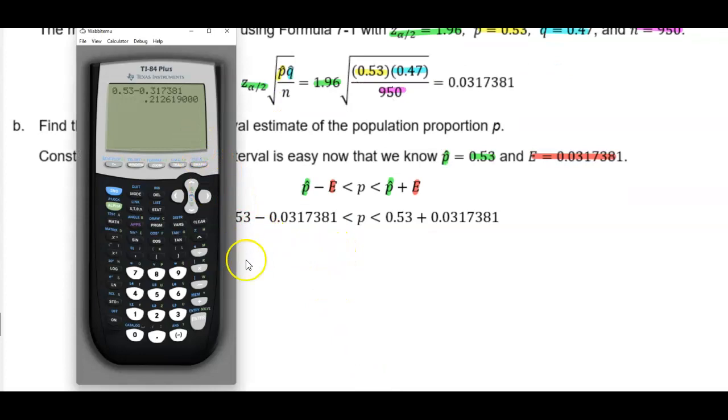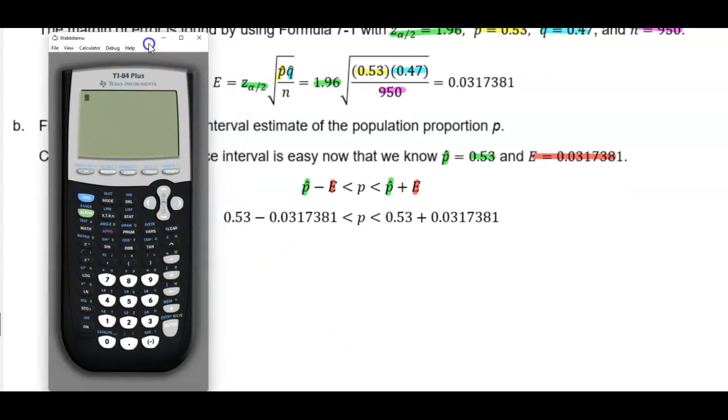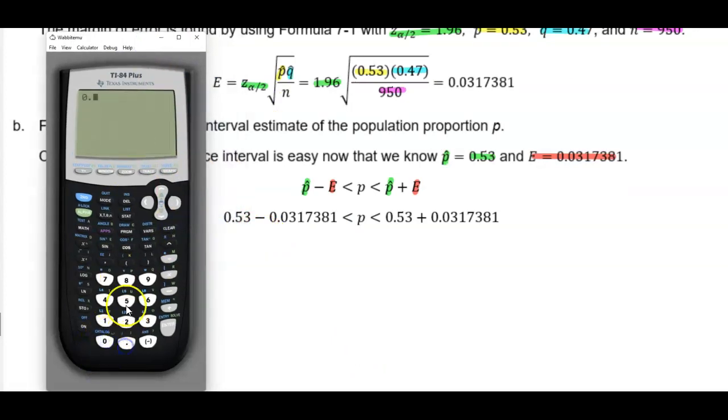Using our calculator, we take 0.53 and subtract 0.0317381. Okay, and we get 0.498261. Now we want to round that to 3 decimal places. Let's do the other side now.